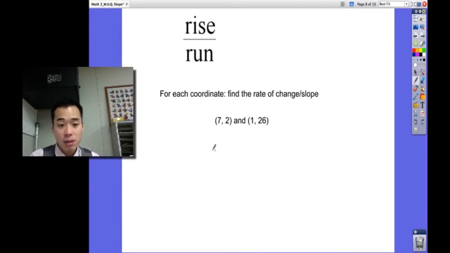The second easiest way without a slope triangle is if they give you 2 points or 3 points, just stack them on top of each other. So for example, I've got 7, 2. I know that this is x and this is y. I'm going to match it up with 1, 26, stack them on top of each other, and then find the change in y over the change in x. From 2 to 26, that's a positive 24.